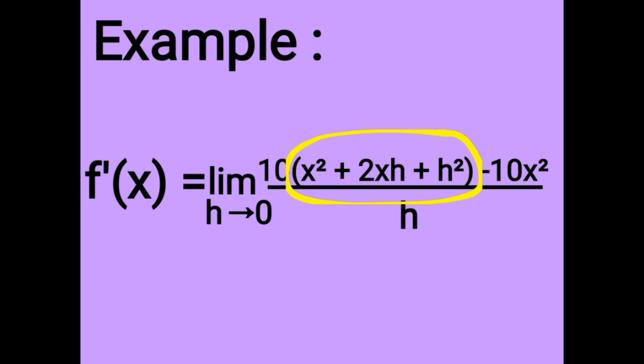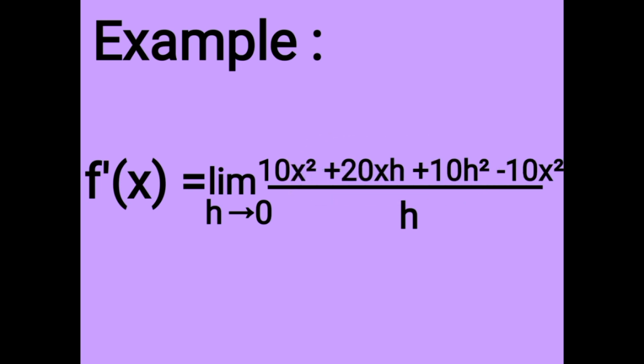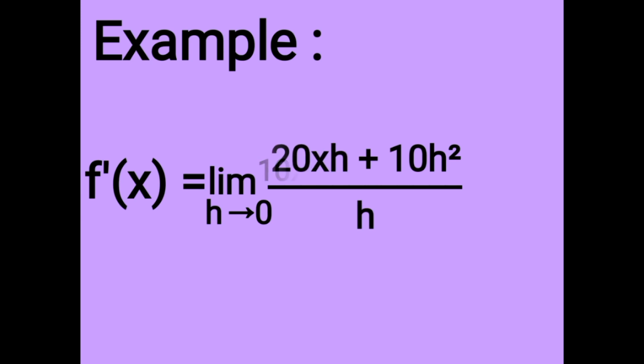Expanding the brackets in the numerator gives us f dash x equals the limit as h tends to 0 of 10x squared plus 20xh plus 10h squared minus 10x squared over h, which equals the limit as h tends to 0 of 20xh plus 10h squared over h.